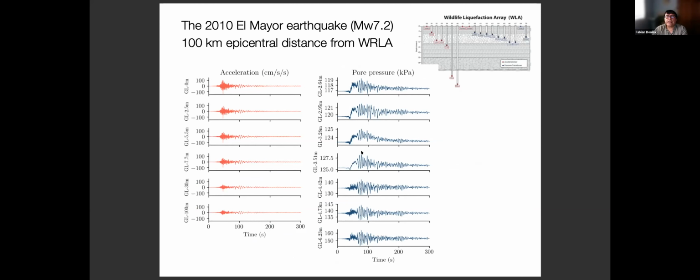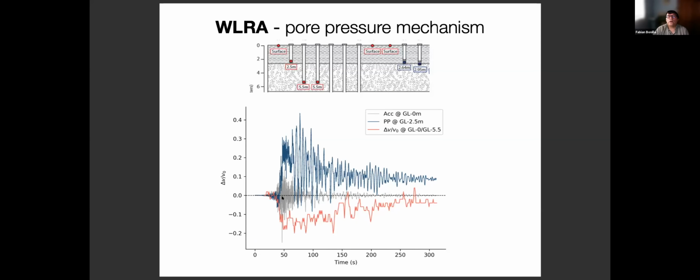So by applying the same technique as I showed you before, what we obtain is that there is a very nice correlation between the pore pressure time history and also the velocity changes measured at that site. So in this case, we can say that basically the site really responded due to the pore pressure effect.